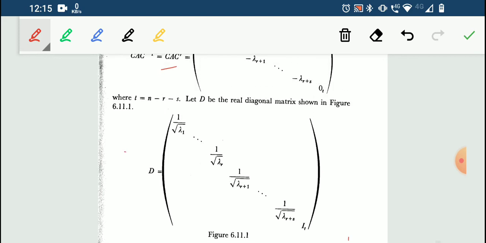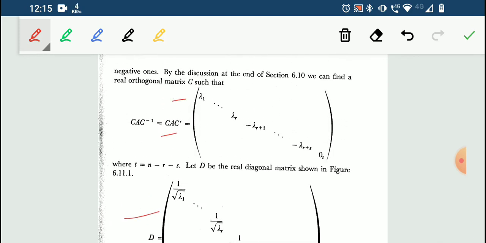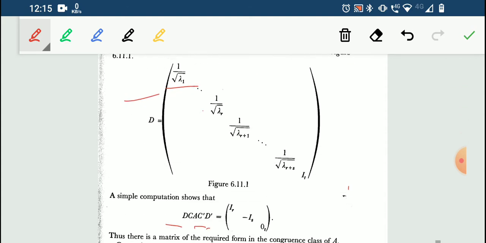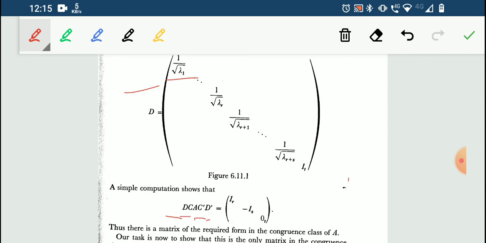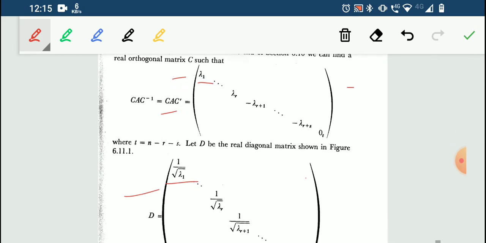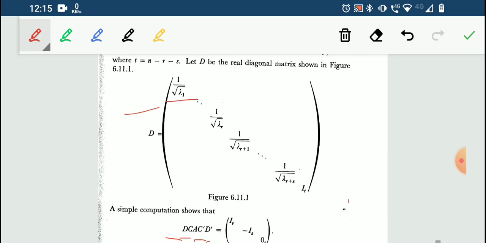I am multiplying the same matrix on both sides. Since all three are diagonal matrices, if you multiply any two, only the diagonal elements will be multiplied, the rest will all be zero. In the first row, the first element in terms of D will be 1 by root lambda 1, the second element will be lambda 1 itself, and the third element once again 1 by root lambda 1.